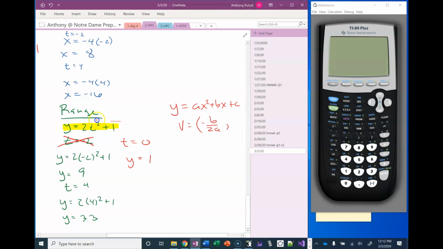So if I go back and look here, what is the value for b? 0. So 0 over 2a is going to be 0. That's how Kara knew that the x coordinate for the vertex should be 0. Or in this case, the t coordinate, since we have y equals 2t squared plus 1.